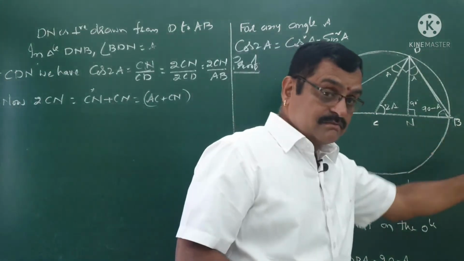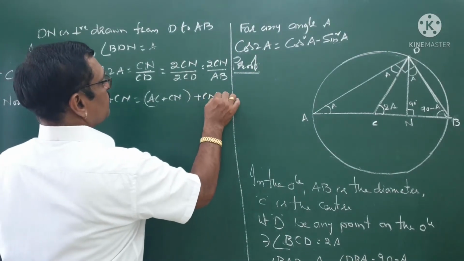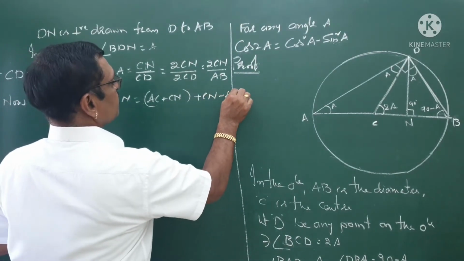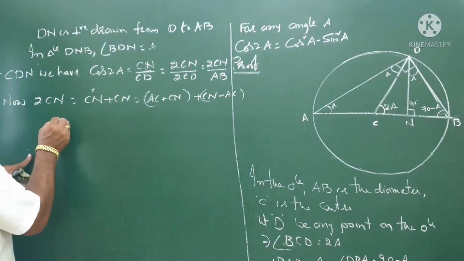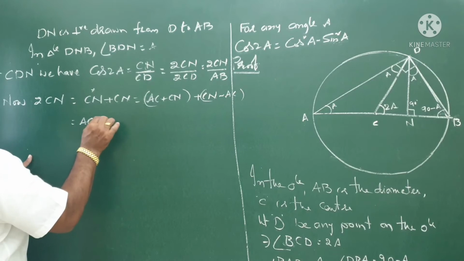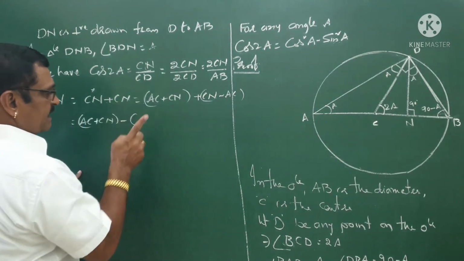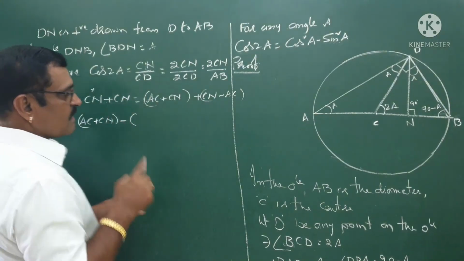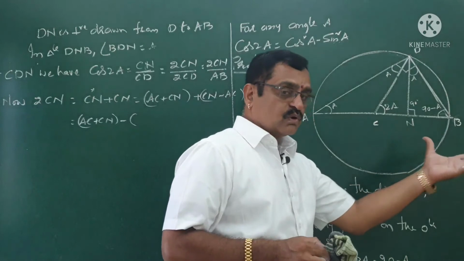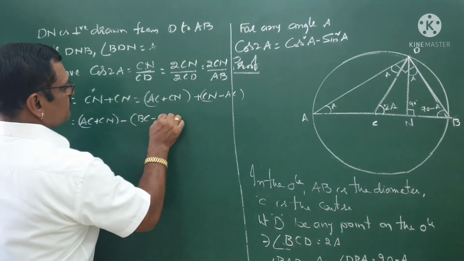AC is the same as BC. So plus CN minus one more AC. AC plus CN, I take minus common. In the place of AC, I can substitute BC because AC and BC are the same. So I go for BC minus CN.